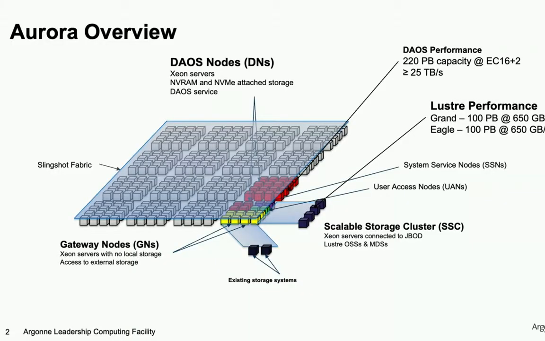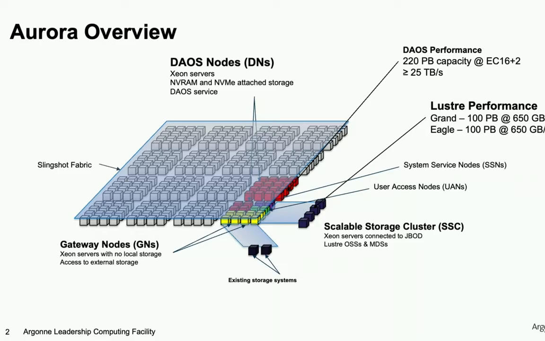This is just a high-level overview of how we see Aurora from the storage perspective, and I'll walk through this diagram. First, all these gray boxes represent our compute resources, the compute nodes or compute racks. The red boxes represent DAOS, and the yellow boxes represent gateway nodes, which is how data moves in and out of this system.